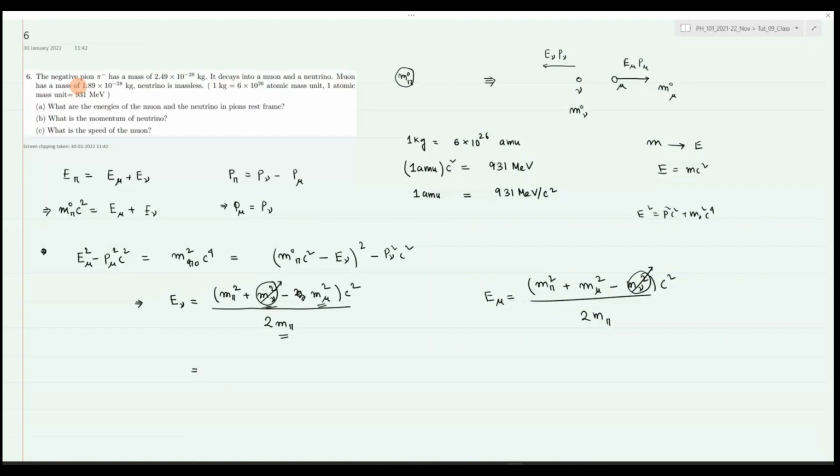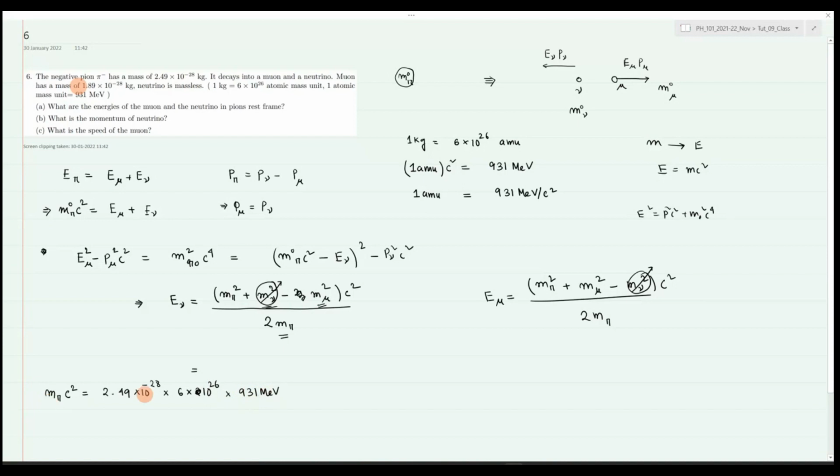Before substituting, we want to write what is M pi, the mass of pions in c square unit. It is equal to 2.49 into 10 to the power minus 28 kg. We want to convert it to AMU, which is 1.6 into 10 to the power minus 27... and 1 AMU is 931 MeV.